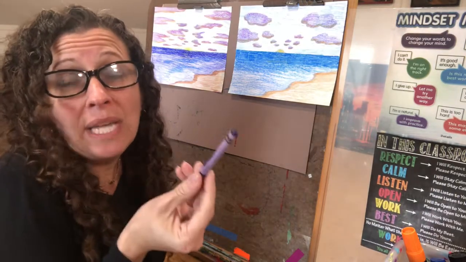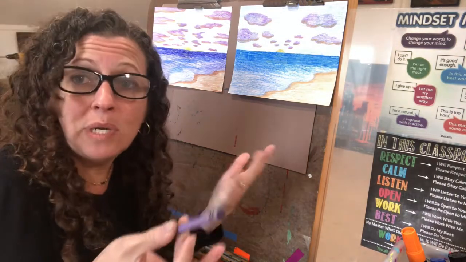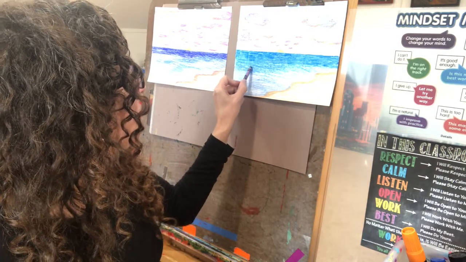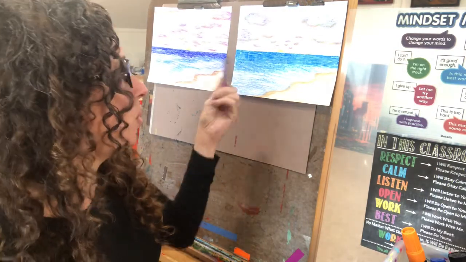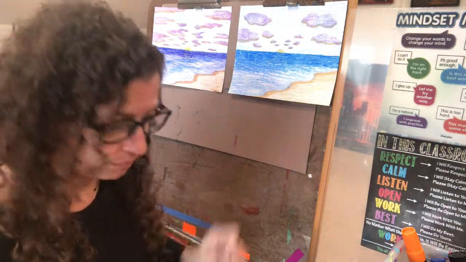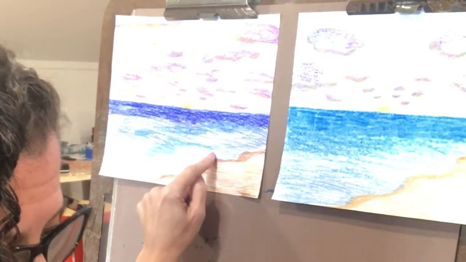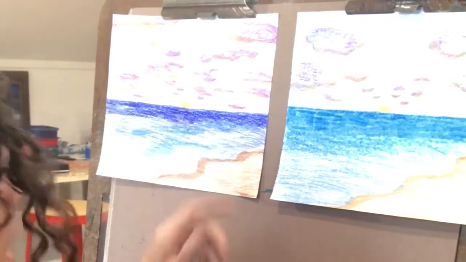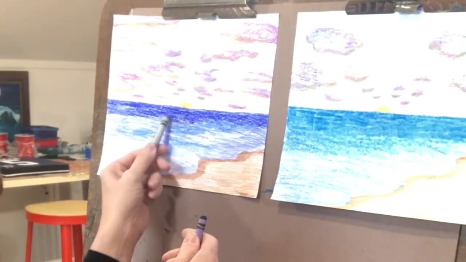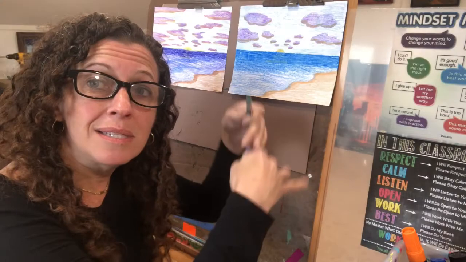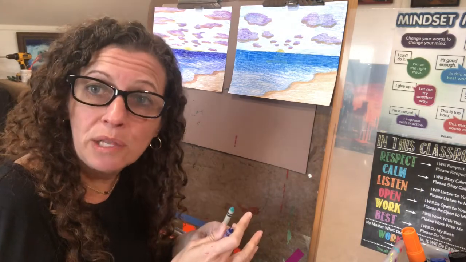Because in case we only have one blue at home, we have no other choice but to use it, right? So darkest value, medium value, lightest value of the same blue. But this one, I decided to add a lighter blue, different blues or greens. I have a little bit of purple in there. You can mix all of those cool colors, right?